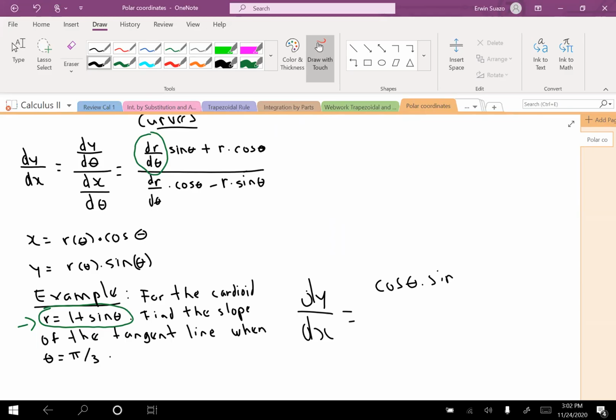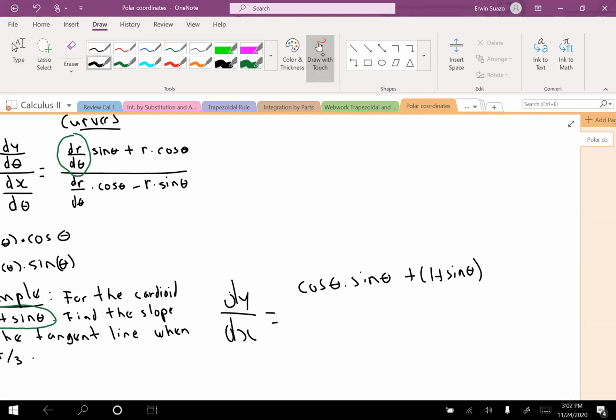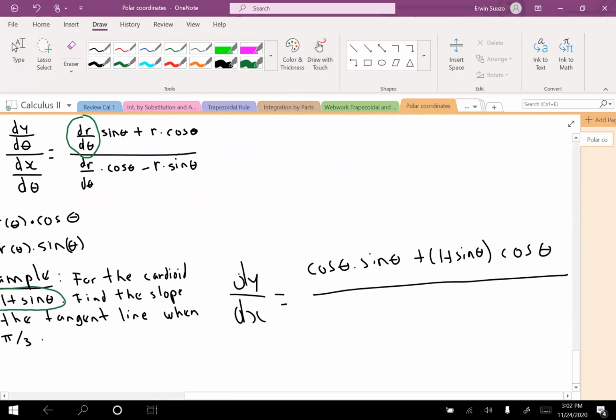Times sine of theta plus r, that is 1 plus sine of theta, times cosine of theta. No, divided by. Now we do dr d theta, that's the same guy. I don't need to calculate it, it's here.